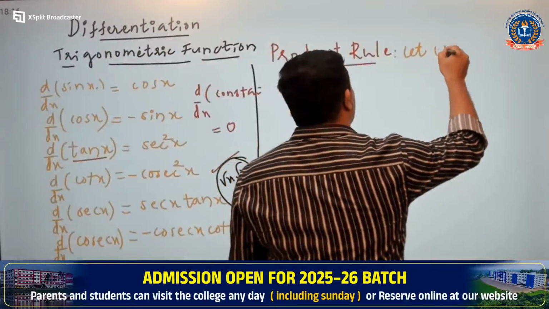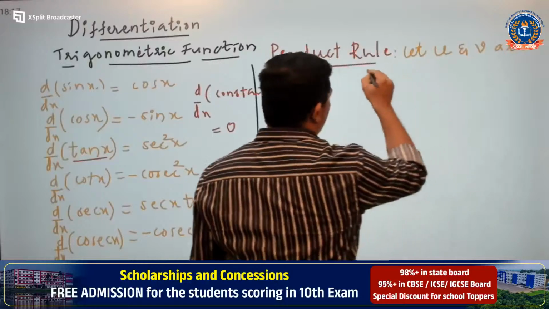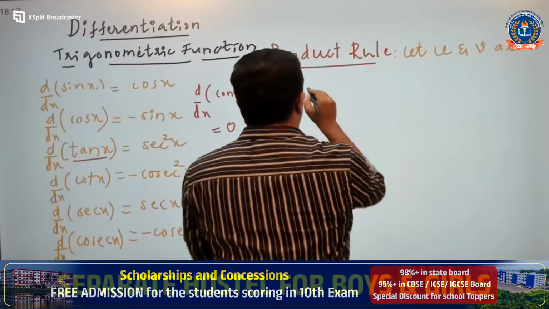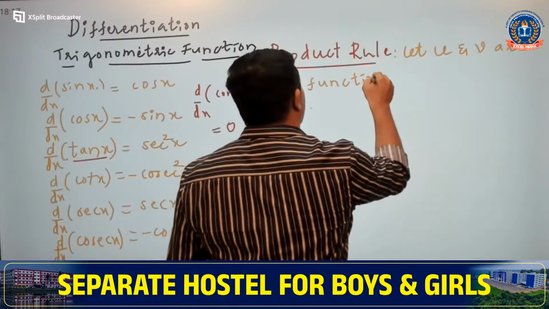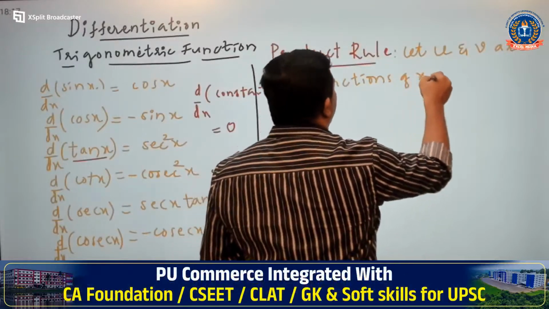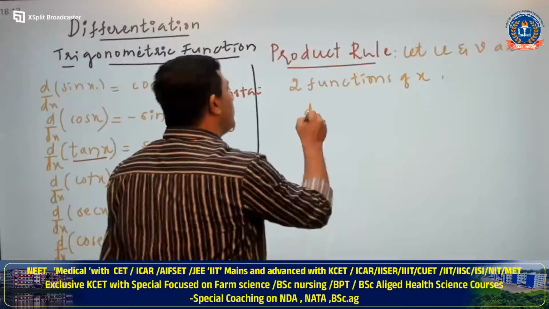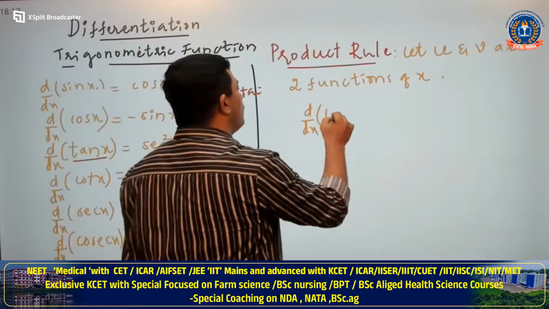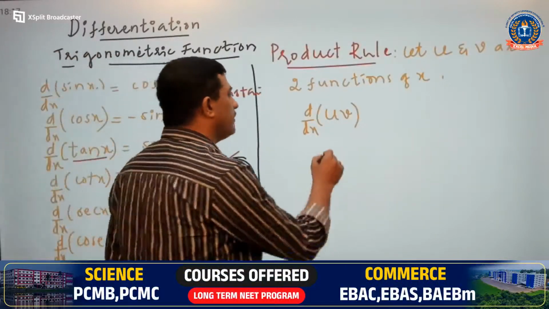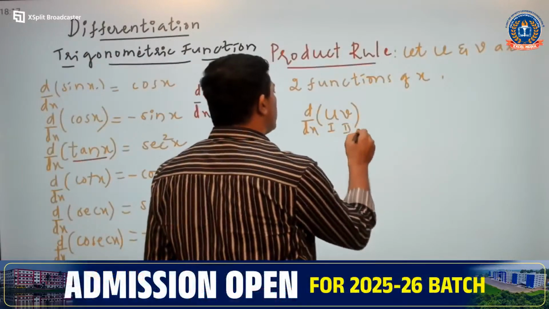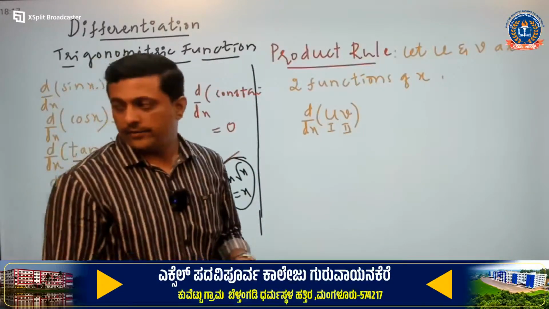Let u and v be two functions of x, then their derivative when they are in a product form u into v. We look into the case, one is the first function and the other is the second function. What we need to do? Remember the lines that I am telling, right?